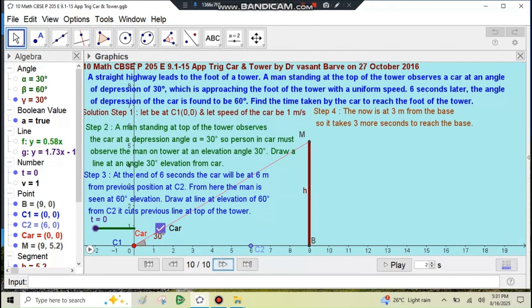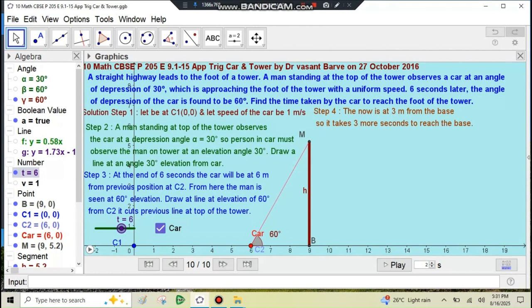Right. Now it takes 3 more seconds to reach the base. Now it is at 3 meters from the base, so it takes 3 more seconds to reach the base. Okay. So I will show this thing. So this is the second position.